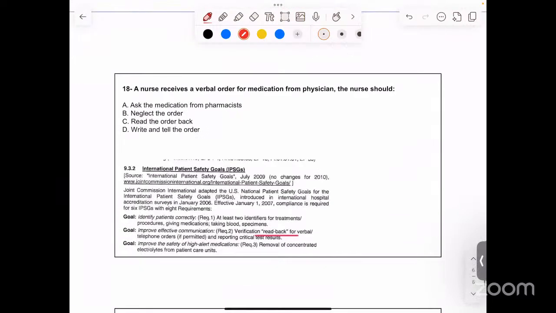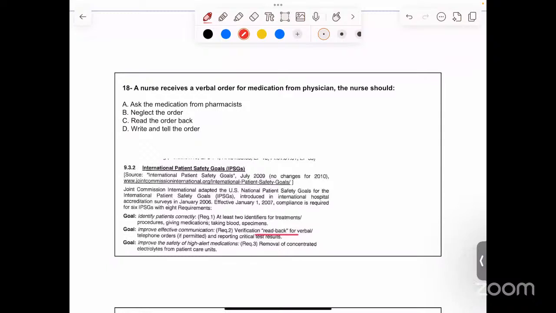Number 18, a nurse receives a verbal order for medication from a physician. The nurse should A, ask the medication from pharmacist, B, neglect the order, C, read the order back, and D, write and tell the order. What is the first step here? So read the order back.